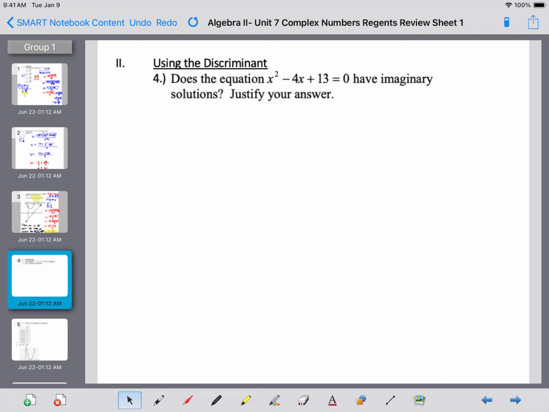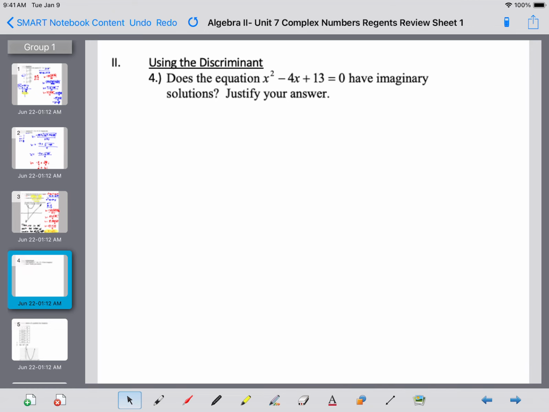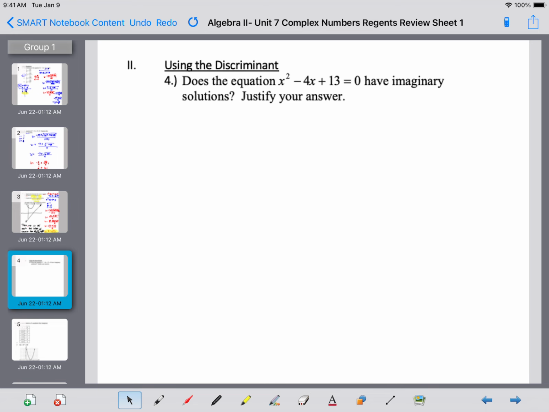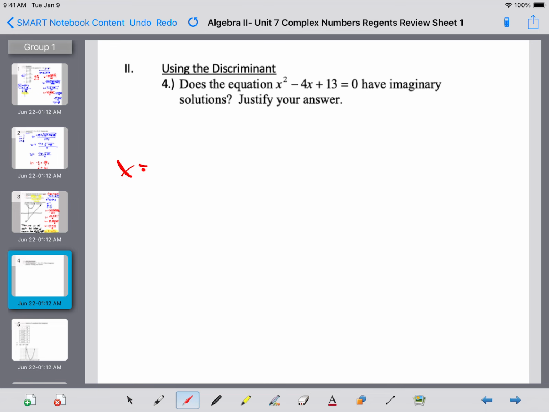Now this, you could do two things, right? You could use your quadratic formula, or you could use the discriminant, which is part of your quadratic formula, right? When do you have an imaginary solution? It's when you have a negative in your radical, right?